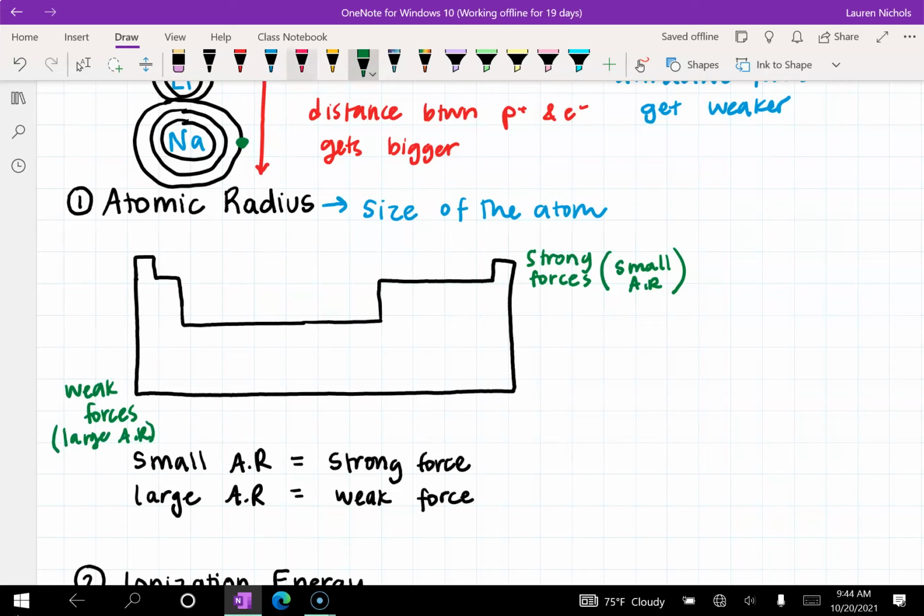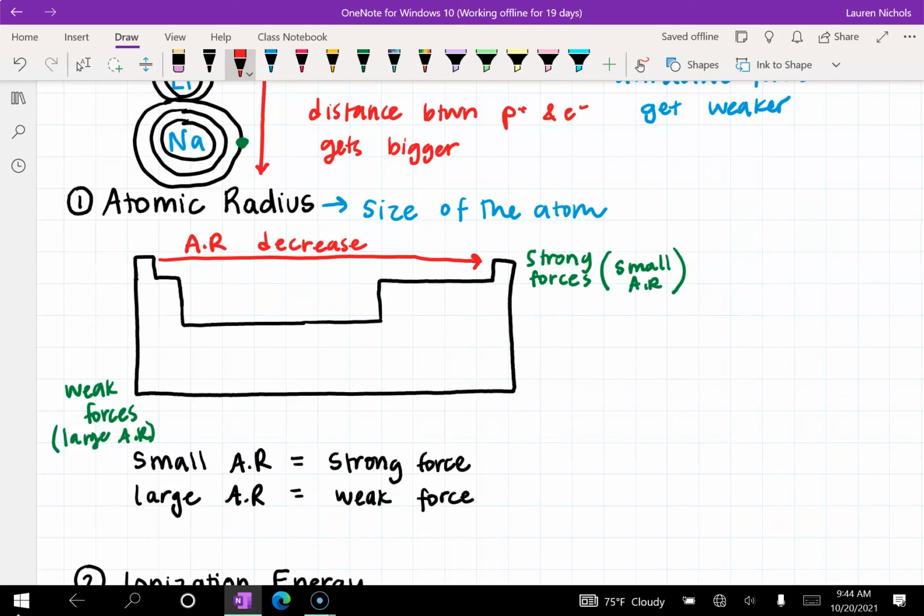So the way that looks is, going from left to right, we know that the attractive forces are getting stronger. So the atomic radius is going to decrease as you go from left to right.